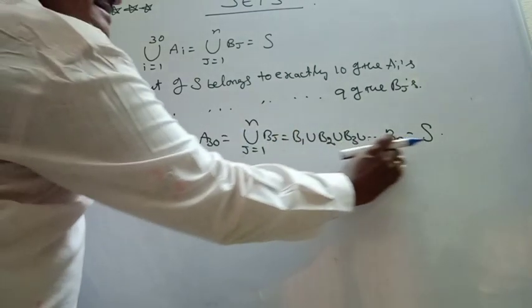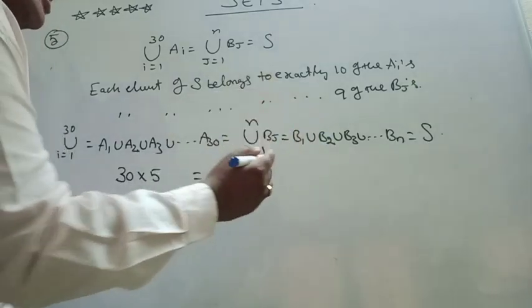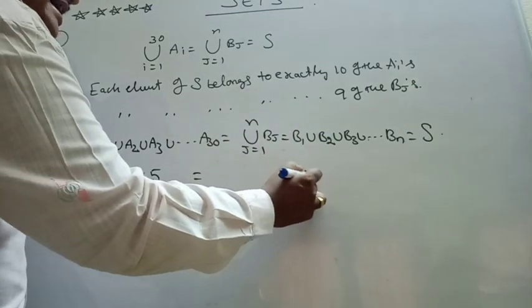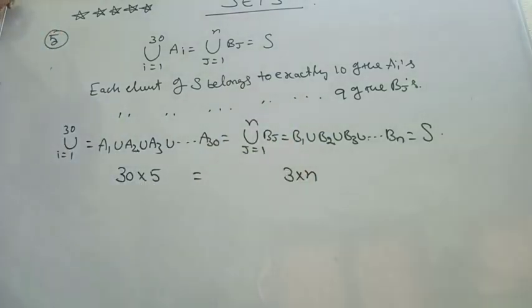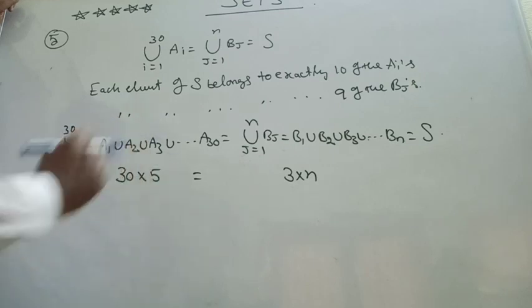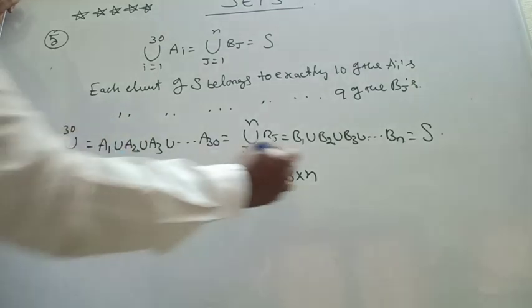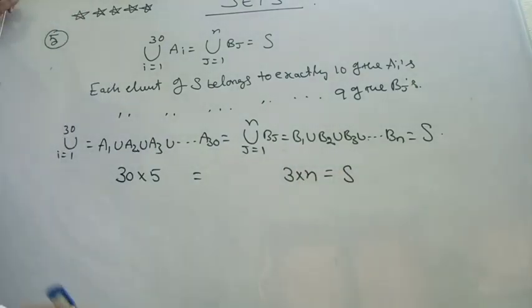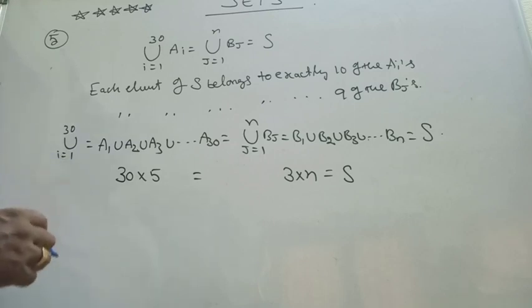That means 3 into n elements we have here. Now we need to find, 3n is equal to like this we have here.